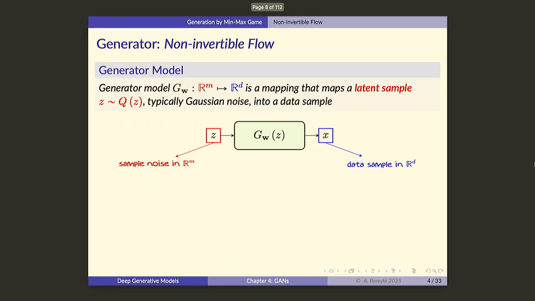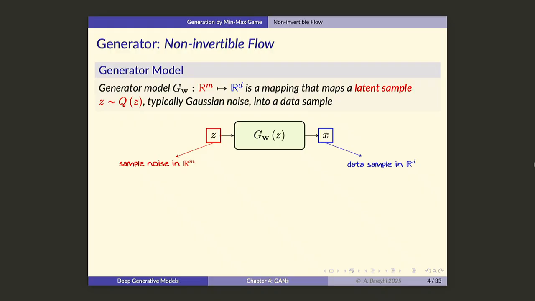Now, let's just formulate everything that we want to do here. So now we want to have a generator model. This generator model is any model that is taking some sample noise or sample latent variable, which is generally m-dimensional. It doesn't need to be d-dimensional anymore. It's coming from as small as one-dimensional space, and then it's going to pass it to the data space.